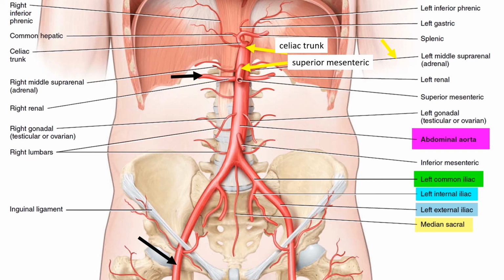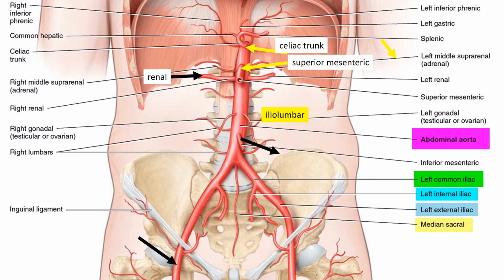Then, slightly inferior to the superior mesenteric, there are two arteries that run at a right angle to the aorta, and they are going to the kidney on both sides. Therefore, they are called the renal arteries. Then, on the posterior abdominal wall, the branches coming from both sides supplying the posterior abdominal wall are called the iliolumbar arteries.